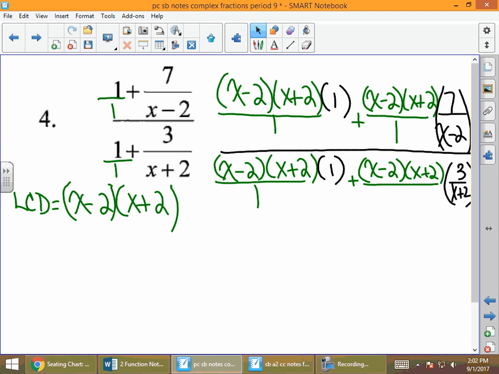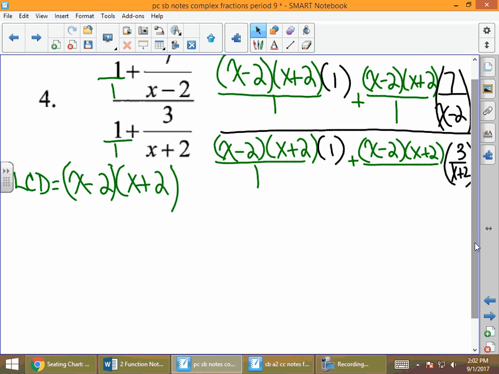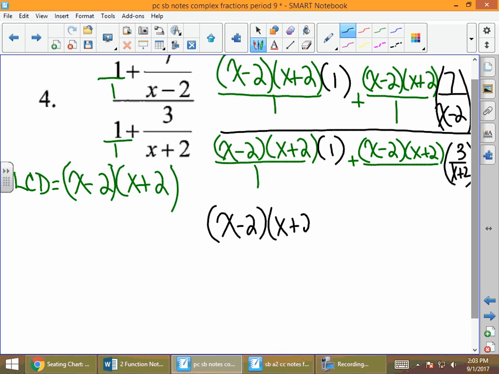When we do this, then we're going to go back and say, eventually, do we have anything exactly the same in the top and the bottom? But on this first one, we took x minus 2 times x plus 2 times 1. Well, anything times 1 is just going to be that anything. So we're going to be left with x minus 2 times x plus 2. Don't really need to write the 1 in the denominator.